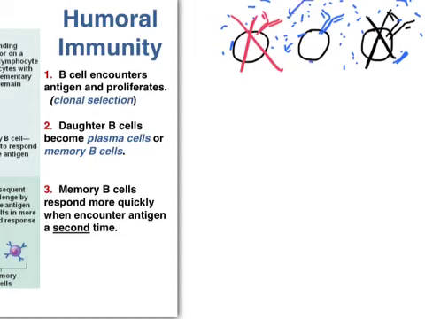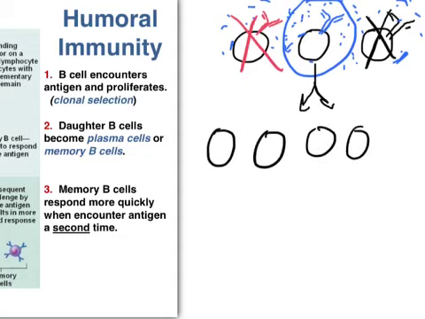But the B cell with the blue B cell receptor does see its antigen, and it makes a huge number of copies of itself, all with that blue receptor. Now the nifty thing is that as it divides, it can actually get a little bit better at recognizing the antigen.